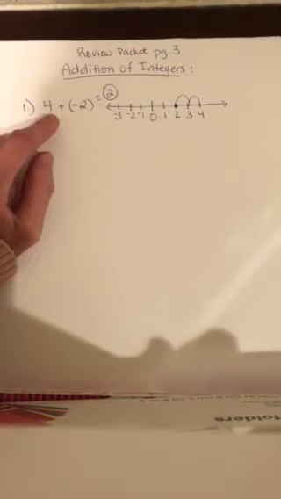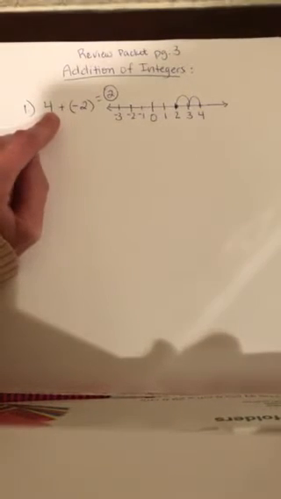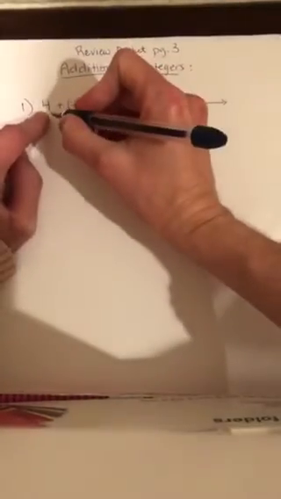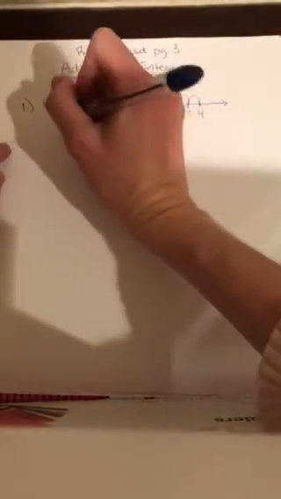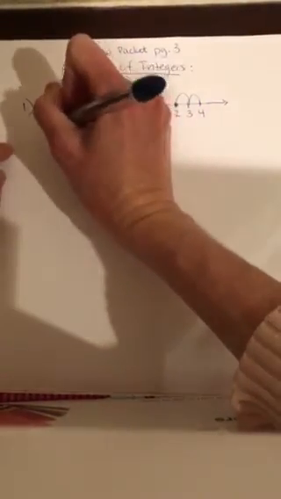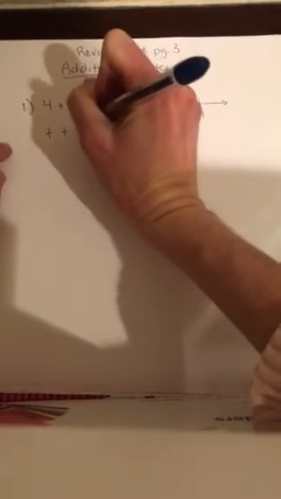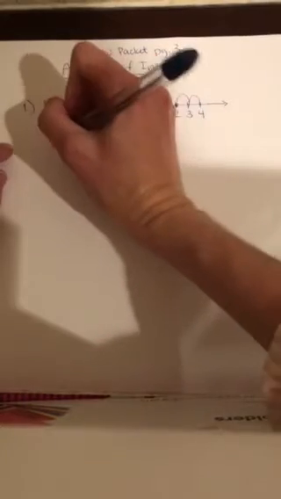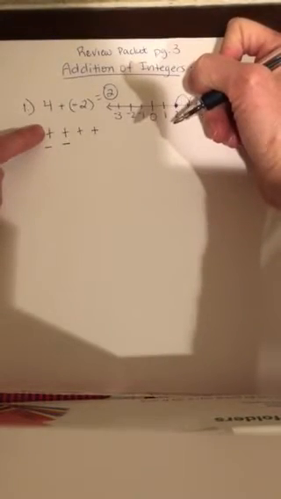Okay, now let me show you with pluses and minuses. If it doesn't have any sign out in front, it's a positive, okay? Or if it has a plus sign out in front, it's a positive. So we have 4 positives. 1, 2, 3, 4. And then we have 2 negatives. 1, 2. And a positive and a negative will cancel each other out.